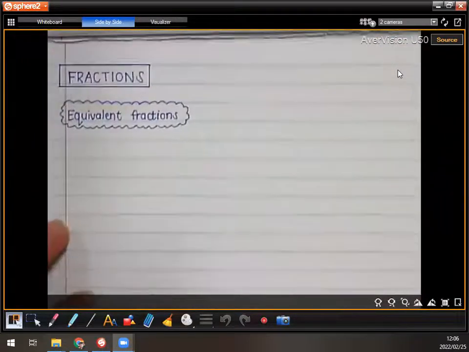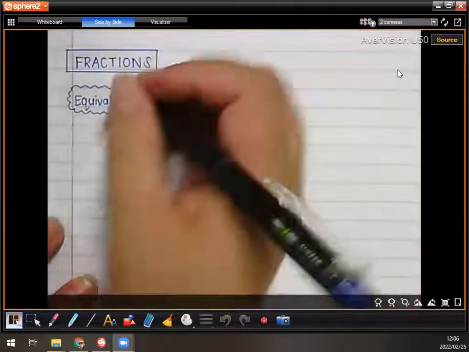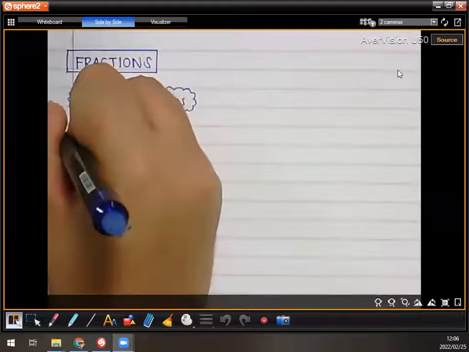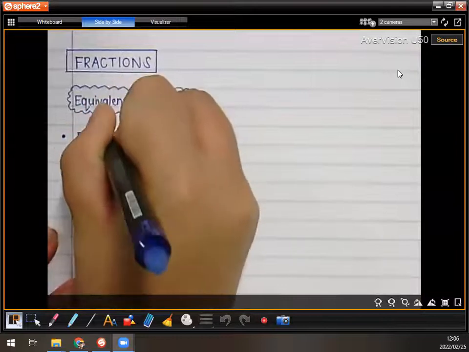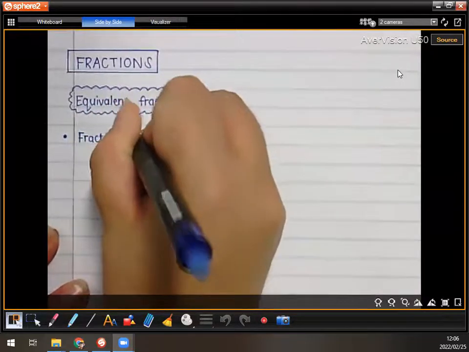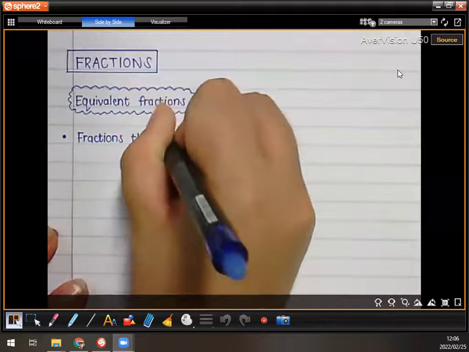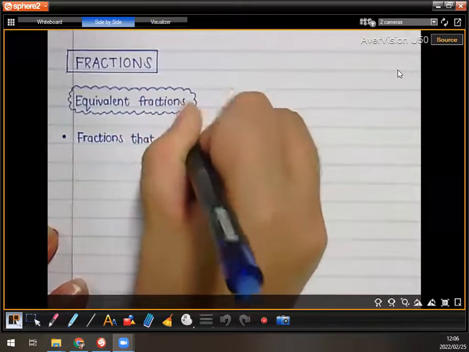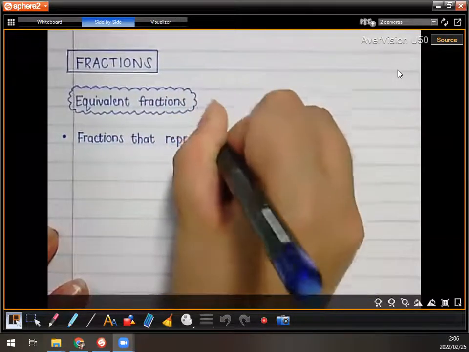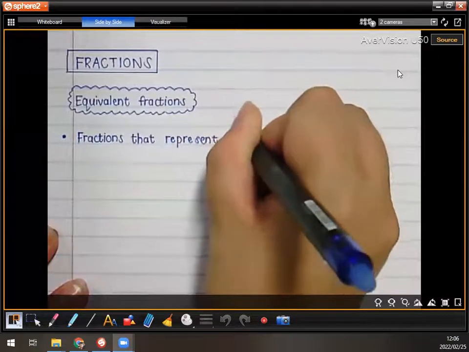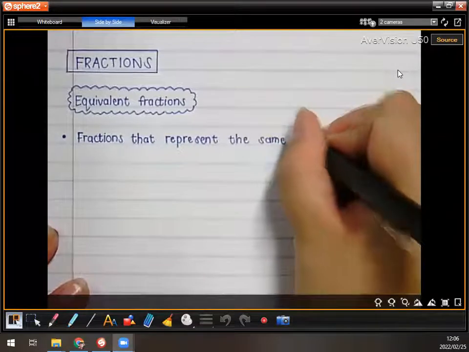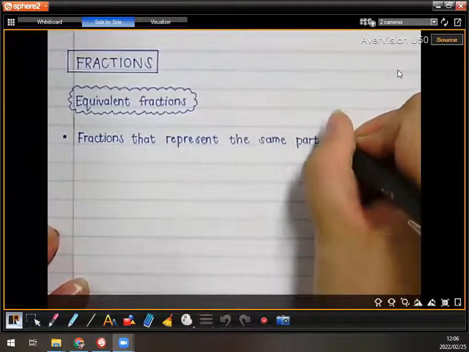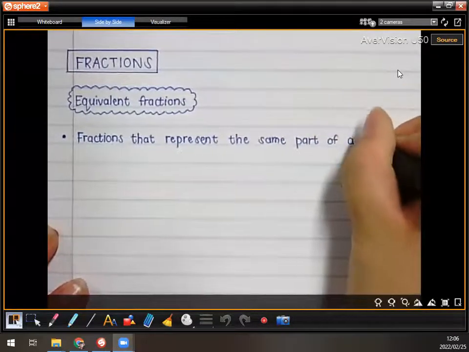So those are all equivalent fractions. Now guys, the proper definition of equivalent fractions, I'm going to write here: fractions that represent the same part of a whole.